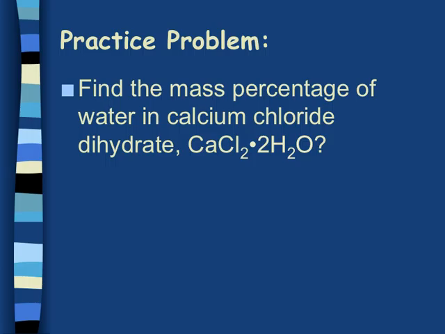So how many hydrogens am I finding the mass of here? There's 4 hydrogens. How many oxygens? There's 2. So if I get 4 hydrogens and 2 oxygens, what is that mass? Calculate it out. Do the work. You use your periodic table. Find those elements.